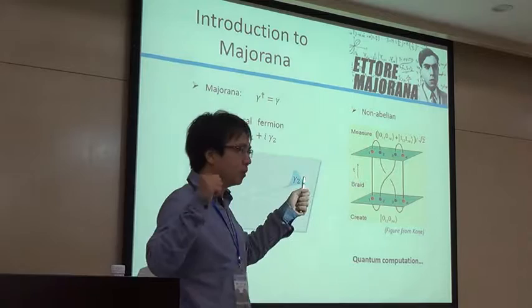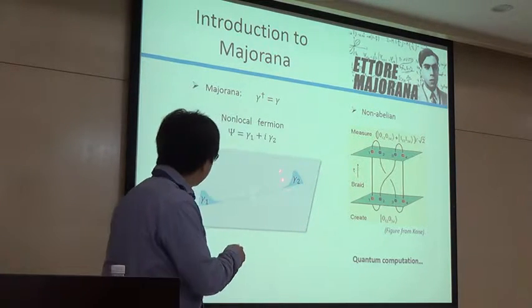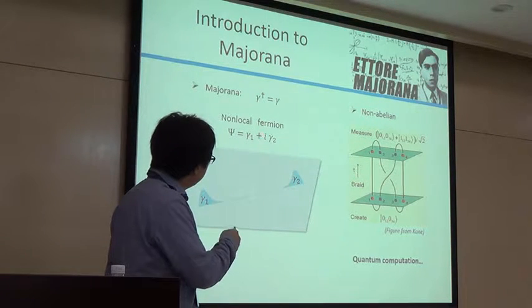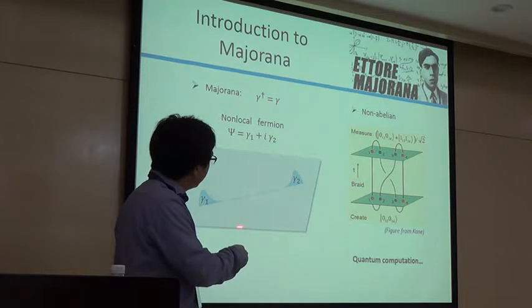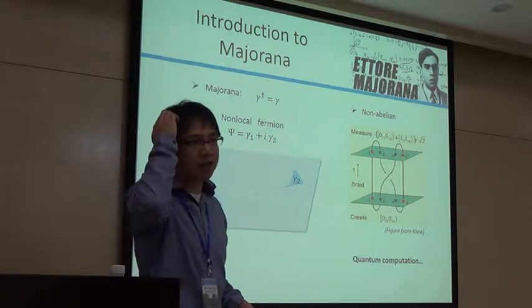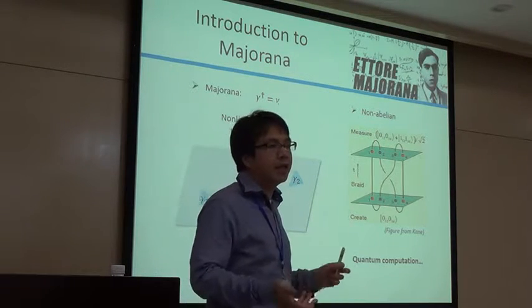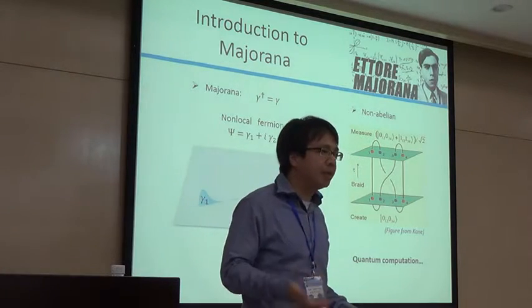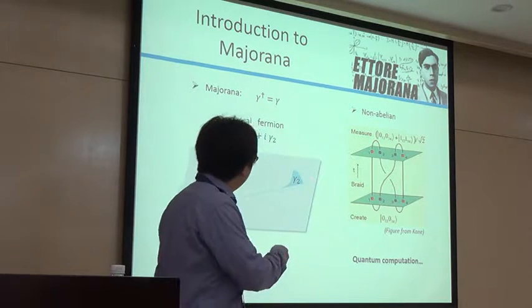Indeed, two Majorana fermions form a single fermionic state. For example, if you have one Majorana fermion localized here and another localized there, these two will form a fermionic state. Because it's a single fermion, this state can be empty or occupied.